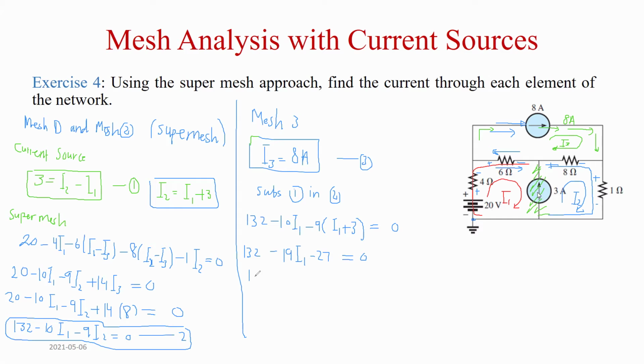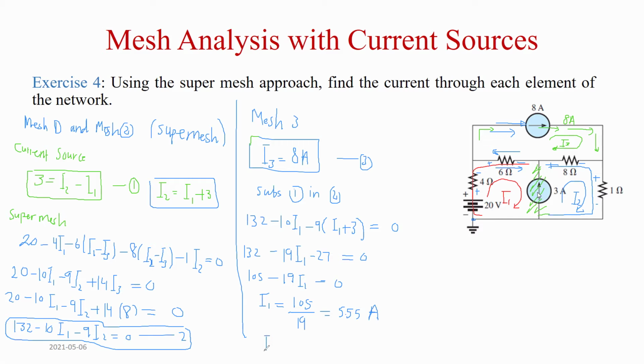So this is 105 minus 19I1 equals to 0. So here I1 equals to 105. Move this to the other side, then divide by 19. So this is going to be 5 point something. 5.55, I think, something like that, ampere.